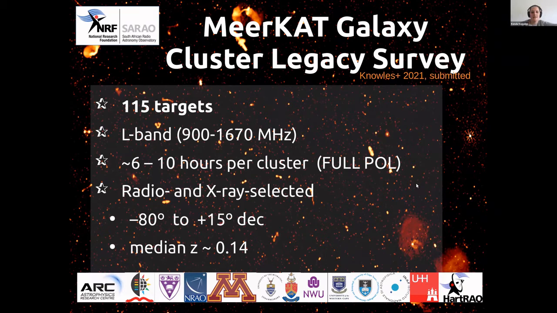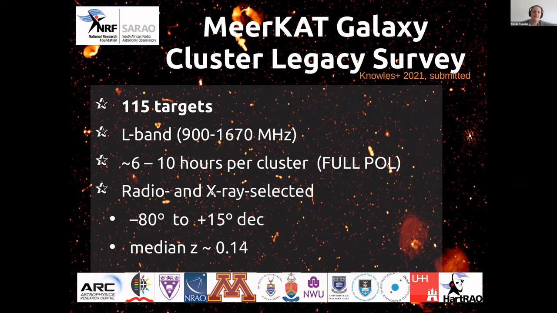I will also say that there are a handful of higher redshift systems, but these targets are dominated by lower redshift systems, and that's an effect of where the clusters were taken from. Typically diffuse cluster emission has been studied in high mass nearby systems, and X-ray selected.